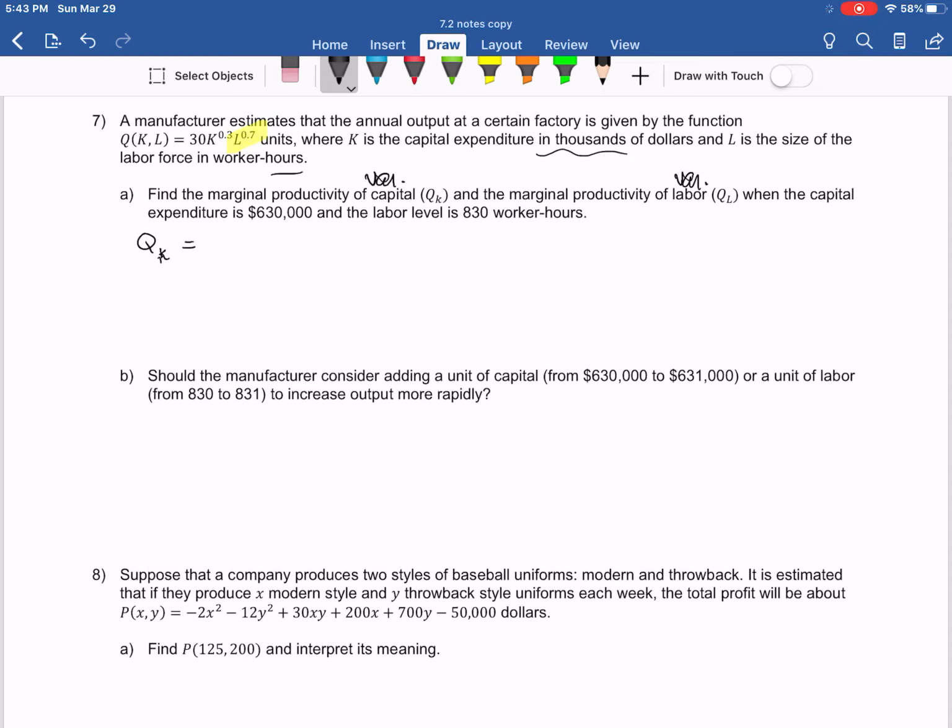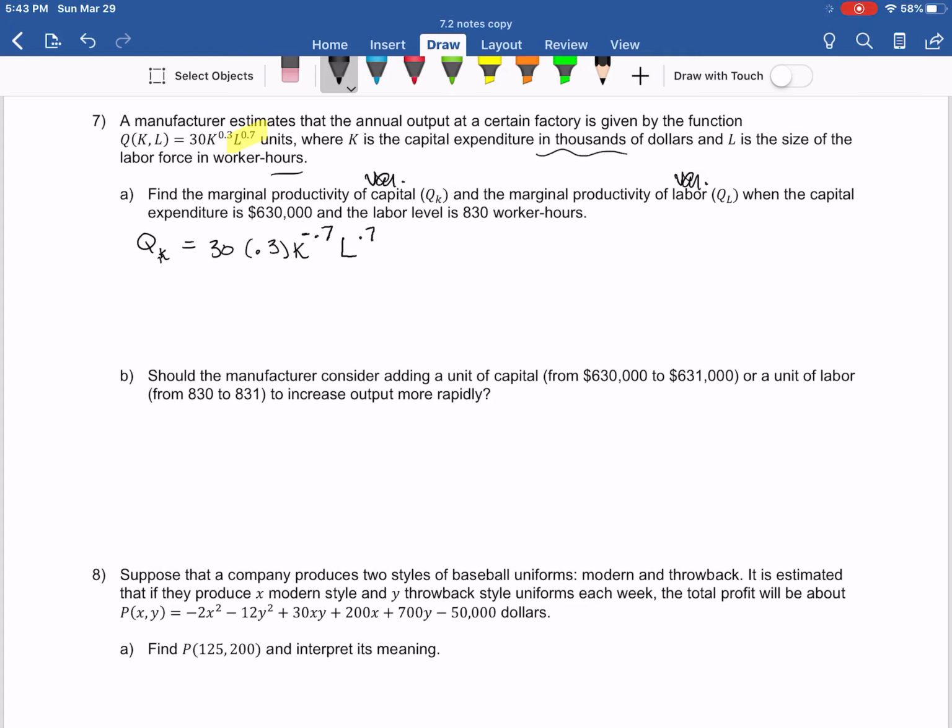L is held constant. So the derivative of Q with respect to K is going to be 30 times 0.3 times K to the, what is that, negative 0.7? So that's 0.3 minus 1. L doesn't change because L is a constant.